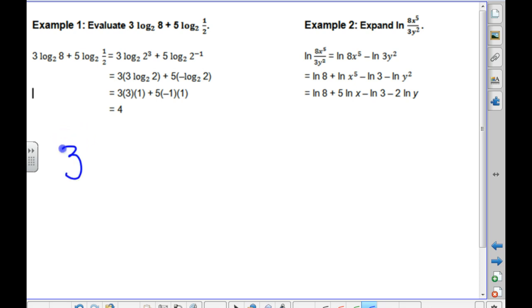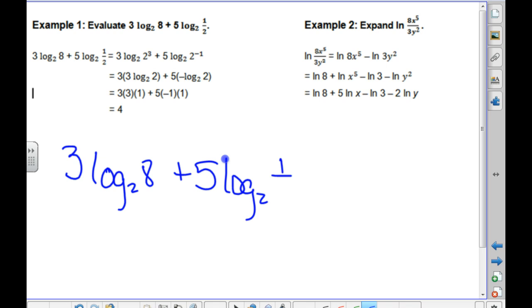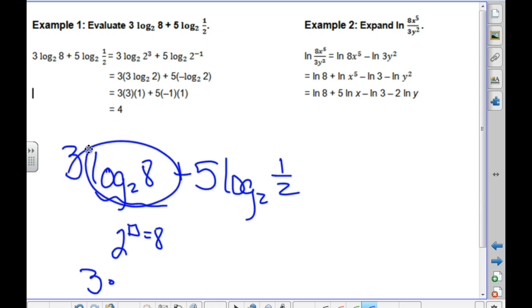So if we had 3 log base 2 of 8 plus 5 log base 2 of 1/2, right here, this means 2 to what power equals 8? That would be a 3. So this becomes a 3 times this whole log becomes another 3.